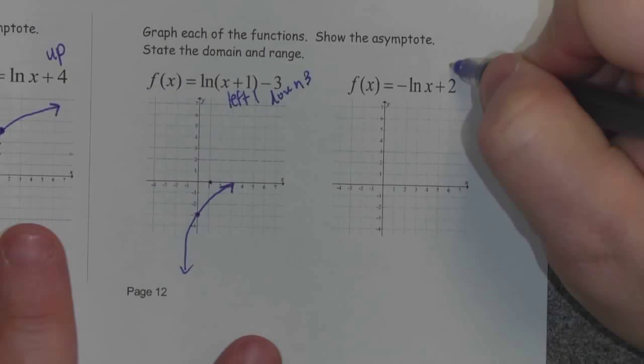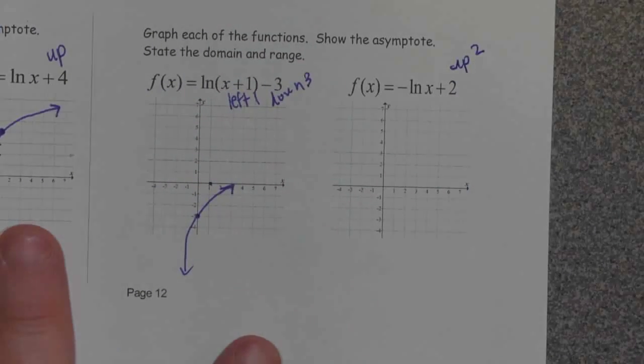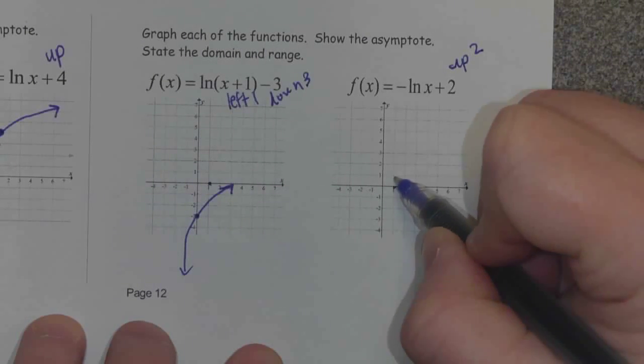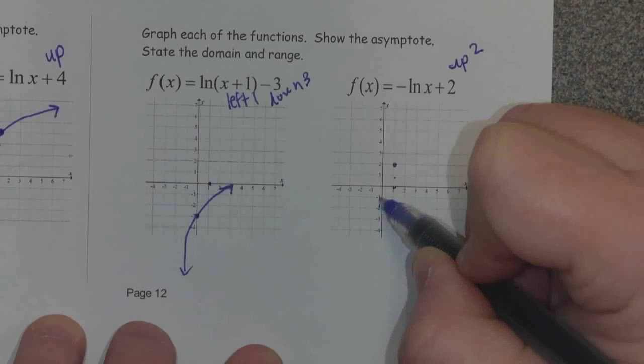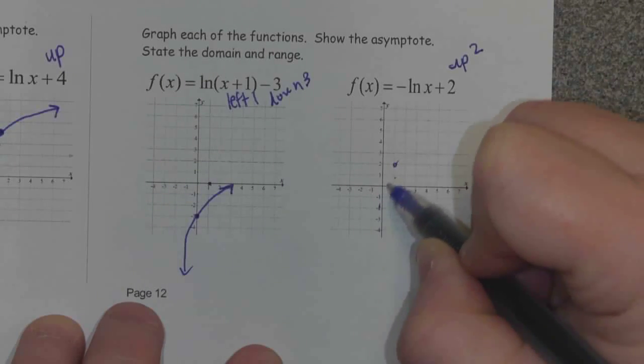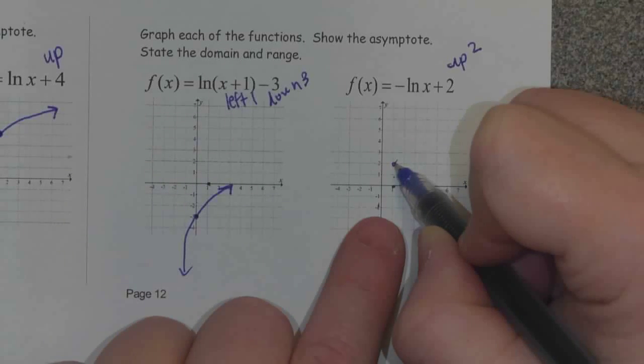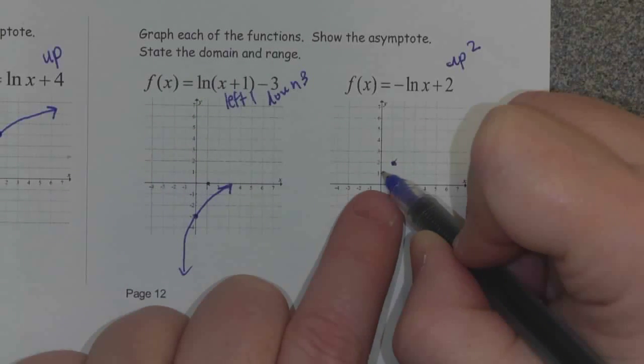And then this one is up 2, but upside down. So it was crossing here at 1, 1. I'm going to move it up 2 from there. Instead of coming this way, it's got to be going the opposite way.